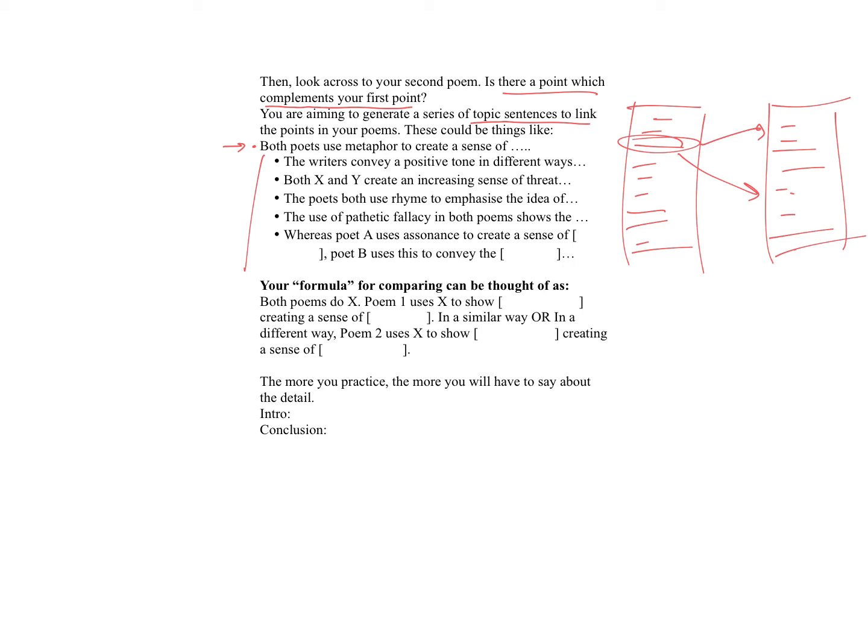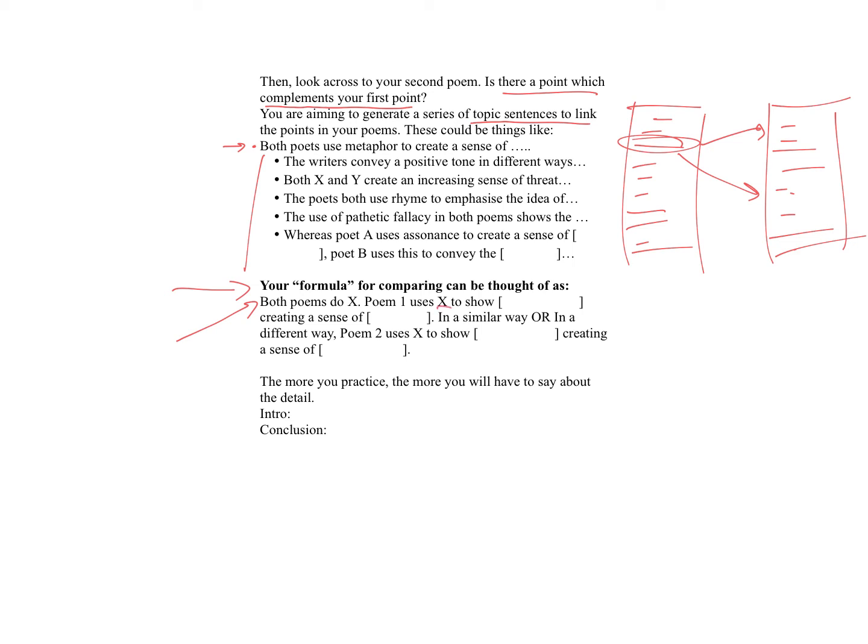Okay, so you've got that strong sentence at the start of your point that says, okay, I've connected both of these poems on this idea. I'm then going to unpick it. And insofar as you can use any sort of formula for this, and I'm not a great believer in writing to a strict framework, because I think it gets in your way the better you get at it, you're trying to convey this idea of both poems do X, whatever X may be.